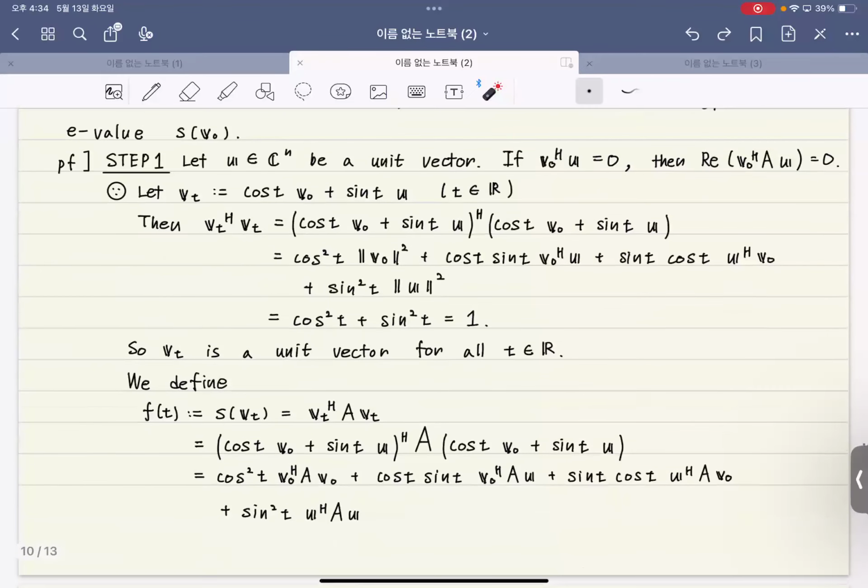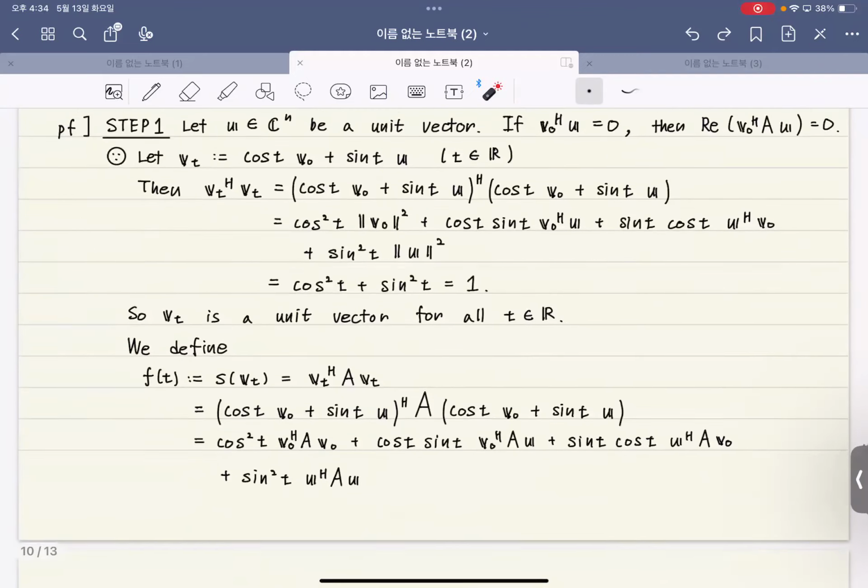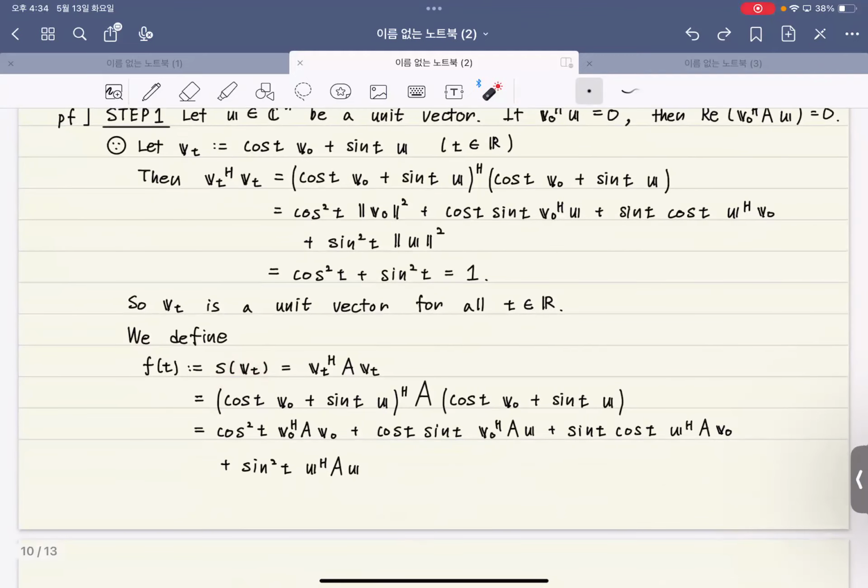So these vectors are also members of this space. Now I can compose this with the function s, which I will call f of t.